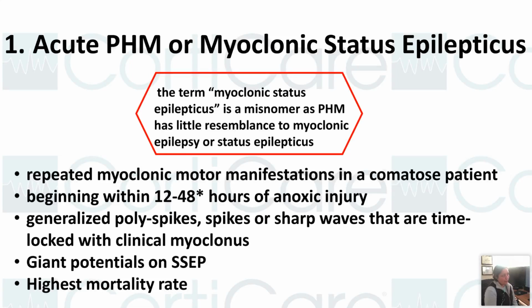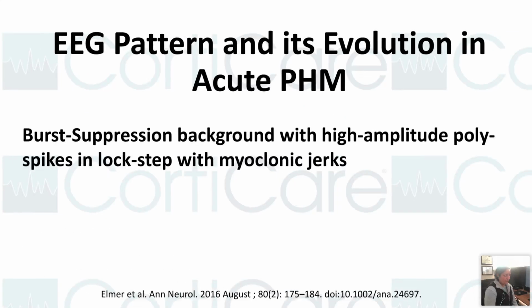This kind of myoclonus usually has very high mortality rate. So we may have burst suppression background with high amplitude polyspikes in lockstep with myoclonic jerks. So high voltage polyspikes, and it is clearly associated with myoclonic jerks.